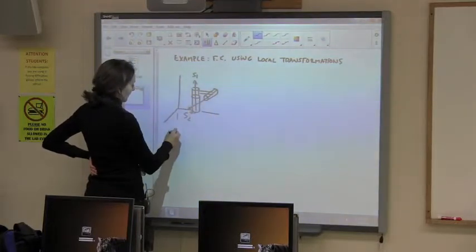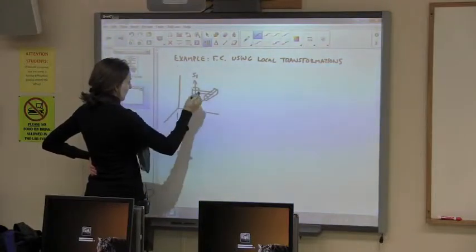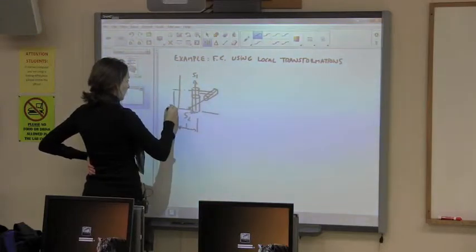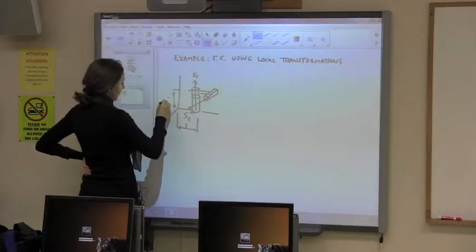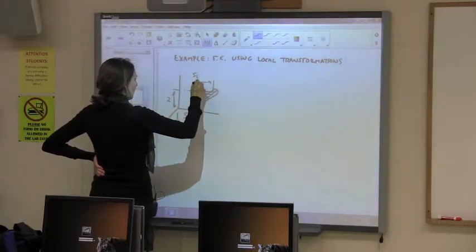S2, so this distance will be 1, and then this distance over here, let's say is 2, and then this distance over here is 1.